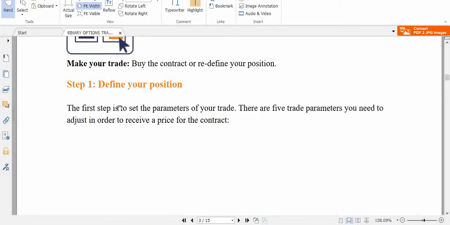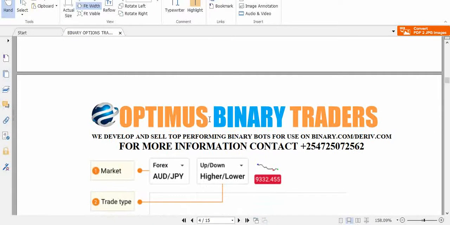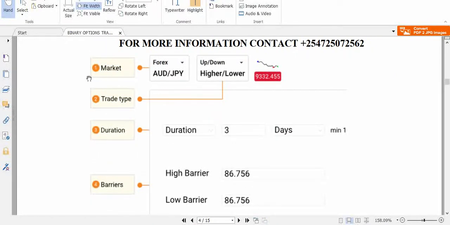Now let's go to step 1, whereby you define your position. The first step is to set the parameters of your trade. There are 5 trade parameters you need to adjust in order to receive a price for the contract. So you choose the market. The market is normally on the manual trade.